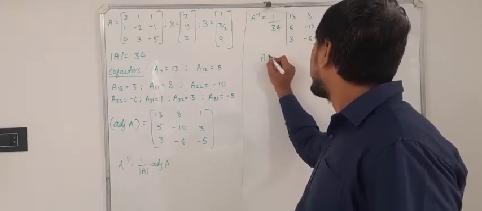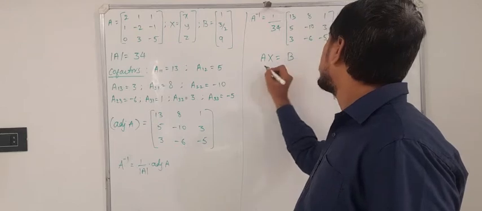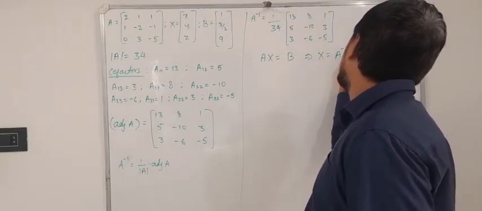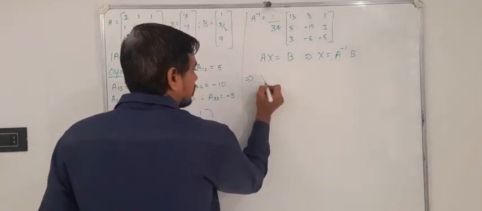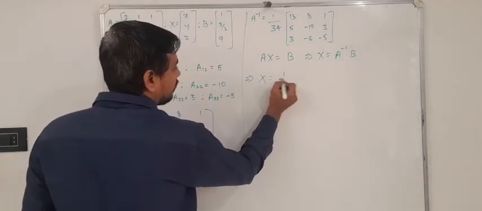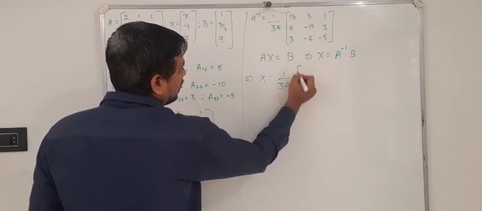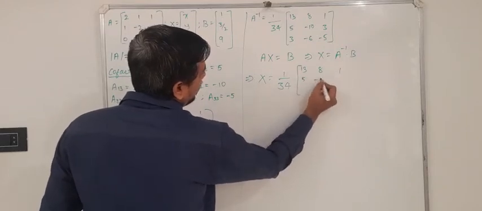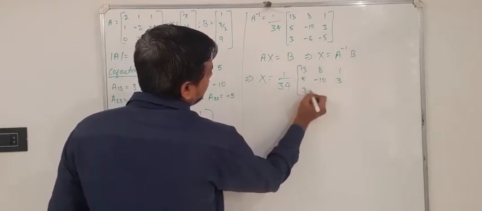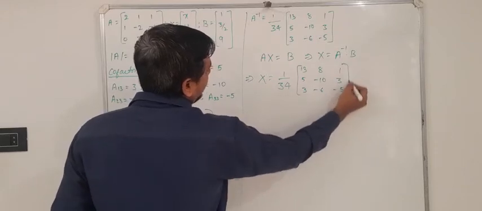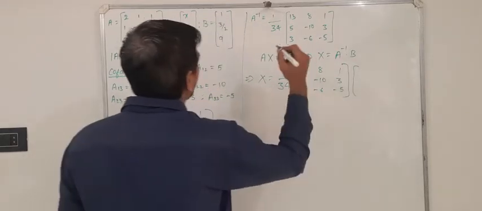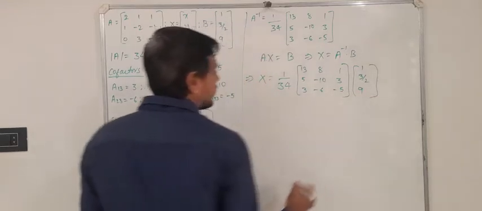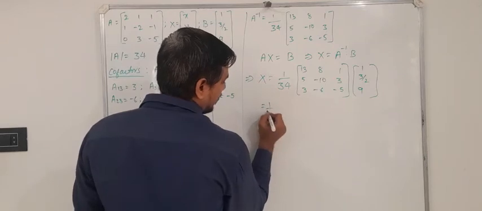It is coming under case 1, so Ax is equal to B. So this implies x can be written as A inverse into B. So x will be equal to 1 upon 34 into 13, 8, 1, 5, minus 10, 3, 3, minus 6, minus 5, into B, which is 1, 3 by 2, 9.